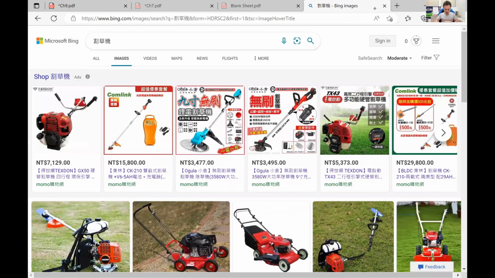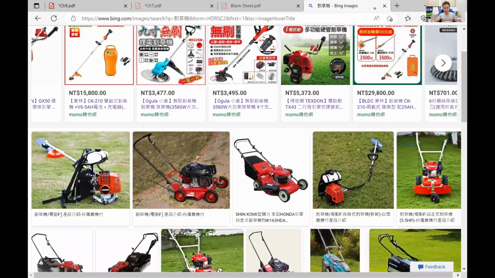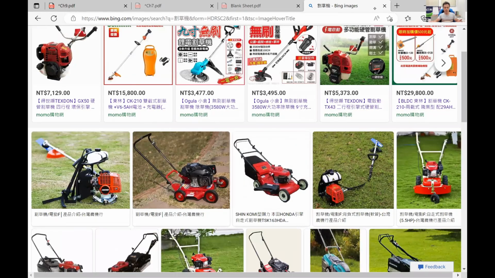This kind of engine is usually a two-stroke engine. It's small and compact, it's light, the geometry is simple, it's not too heavy, so you can carry it on your back or something like that.